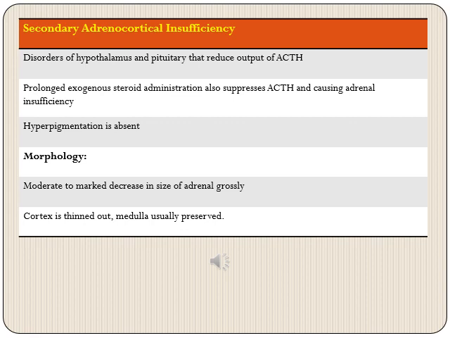The next is secondary adrenocortical insufficiency. This is because of disorders of the hypothalamus and pituitary which reduce output of ACTH. These are different from primary adrenocortical insufficiency, where the cause was located in the adrenal itself.